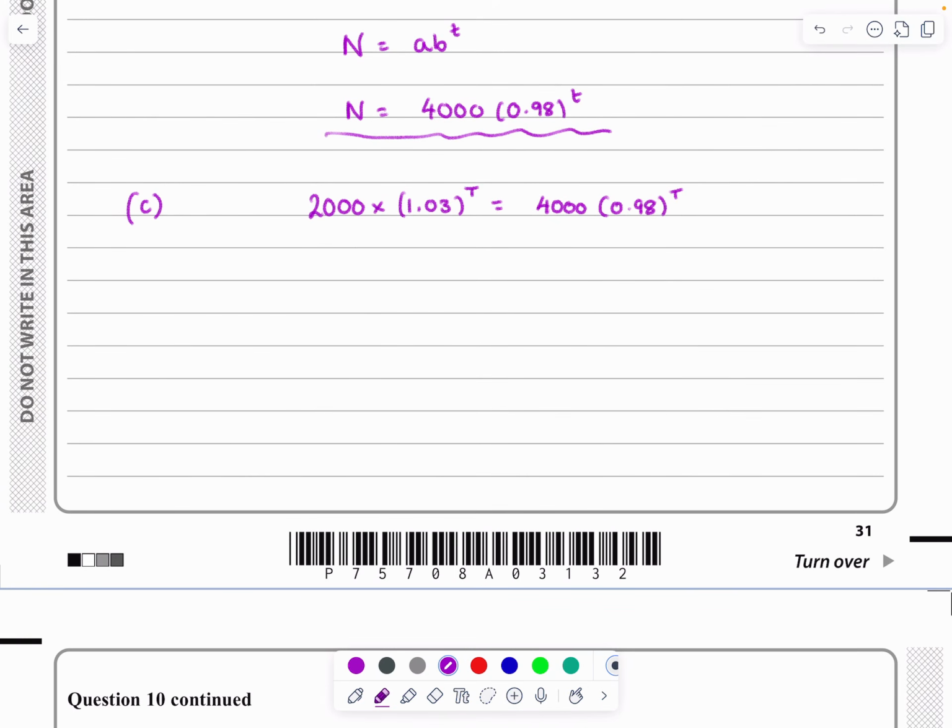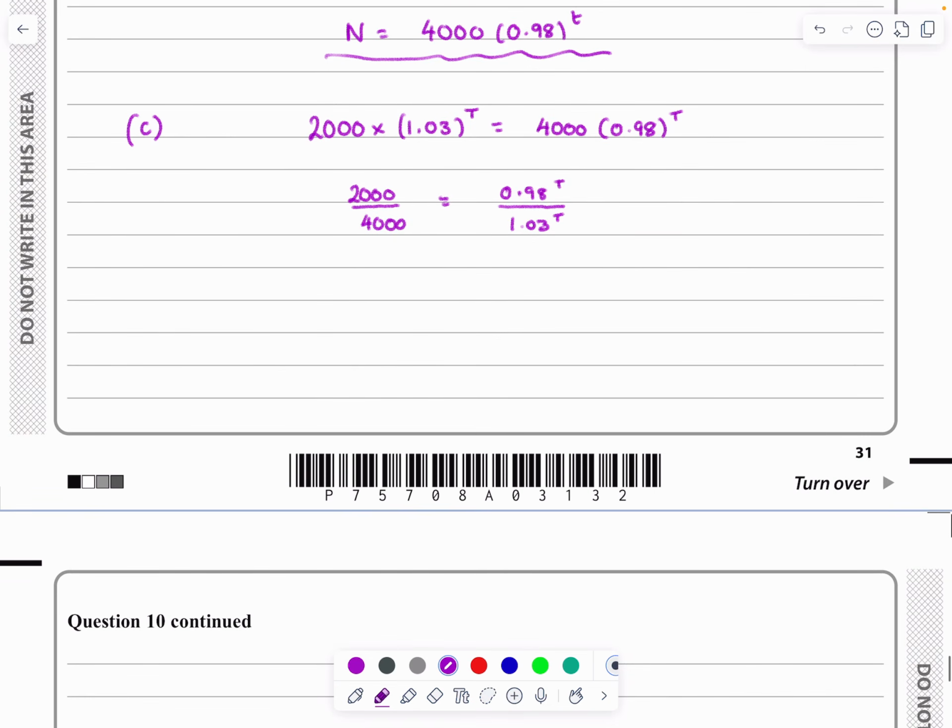Just going to take a little bit of work. 2,000 divided by 4,000, then take the 4,000 over, is going to be equal to 0.98 to the t divided by 1.03 to the t. So in other words, 0.5 is going to equal 0.98 over 1.03 to the t, can't we?